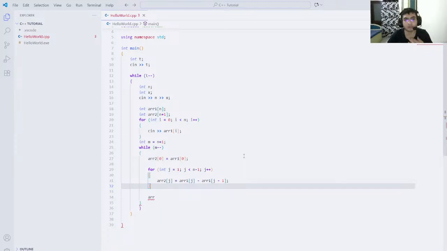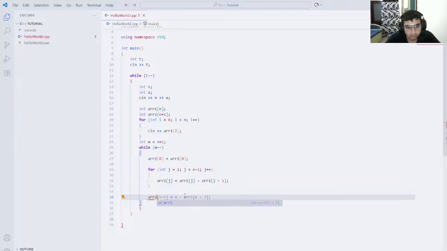Sorry, I got confused. I had written n plus 1 as the length. I forgot that the index is minus 1. So I was thinking what will be my ARR2[n plus 1], which is going to be actually nothing. It's just the length. My last index is going to be ARR2[n], which is this one.